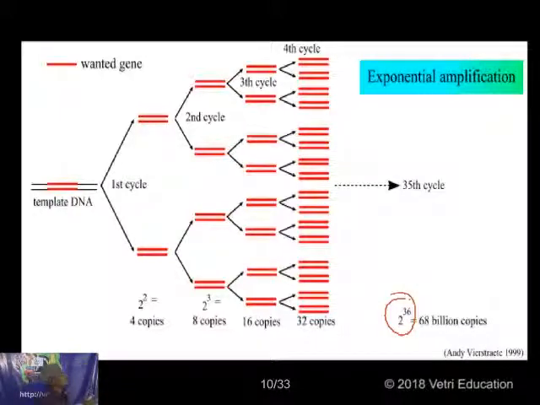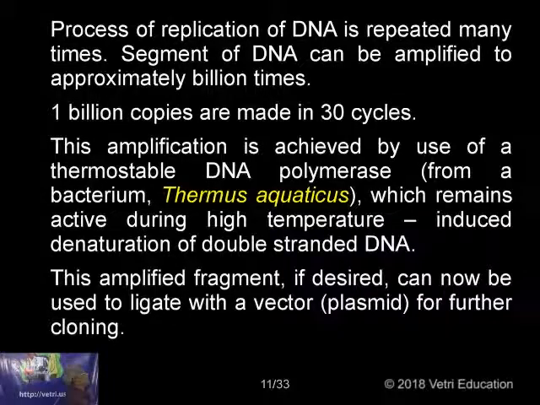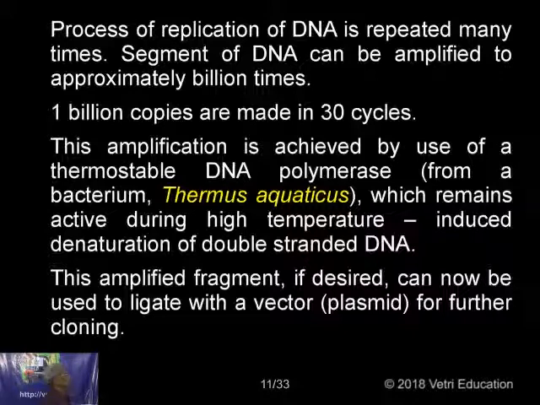So this is what we call amplification. It can be multiplied by any number. I mean, you can achieve any number. The process of replication of a DNA is repeated many times. A segment of DNA can be amplified to approximately 1 billion copies in 30 cycles. See?